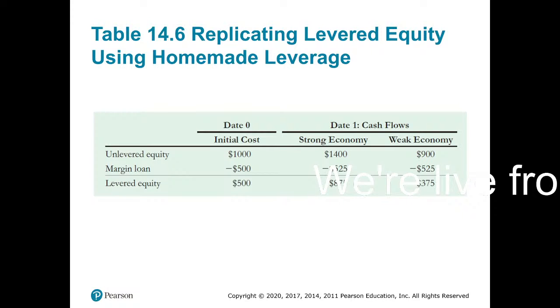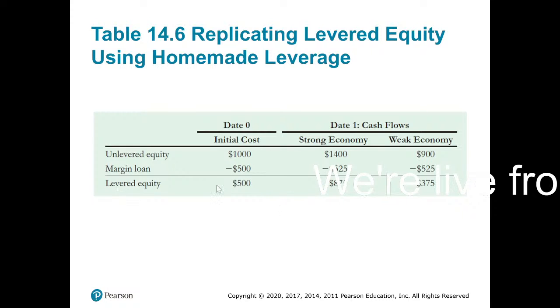At the same time, I borrowed 500. So that means I borrowed 500. That's my own debt financing as an investor. So this is essentially leverage from the investor's perspective. That's what we call homemade leverage. Okay.